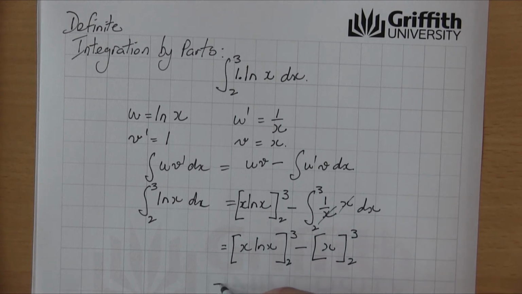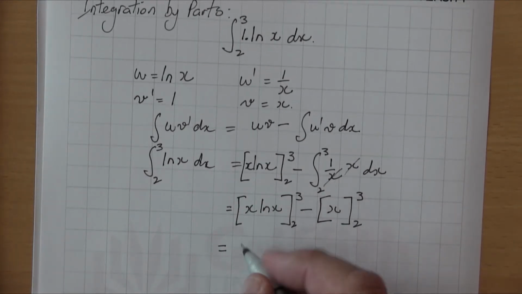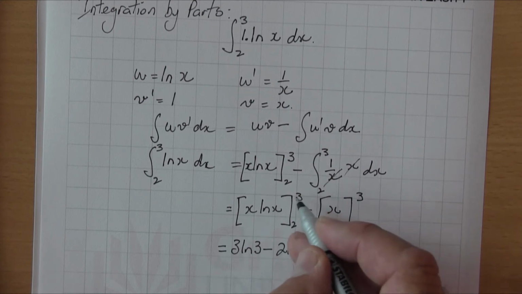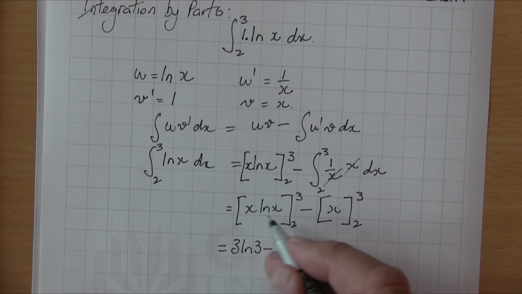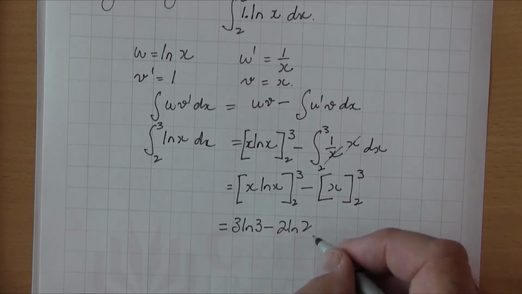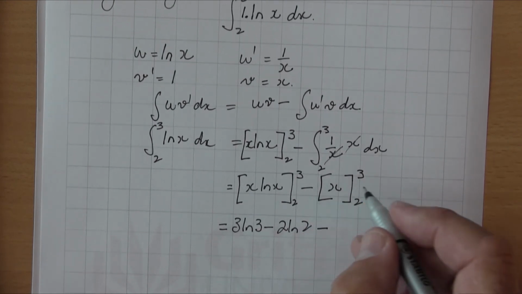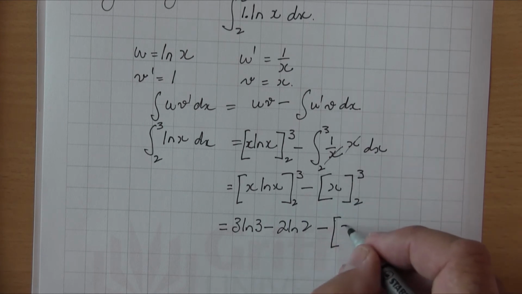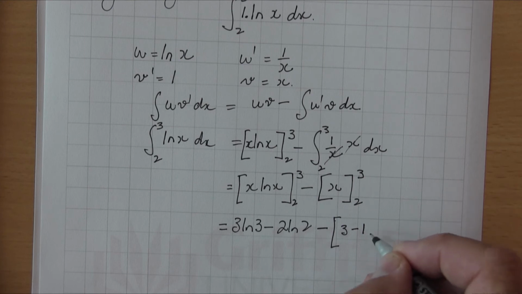Now we can do our substitution in. So we put 3 in first, so that'll be 3 ln of 3 minus 2 ln of 2, by putting the 3 value in there, minus putting the 2 value in there. And then that's minus, and put the 3 in, minus 2.